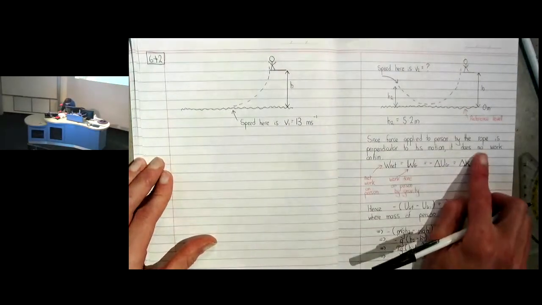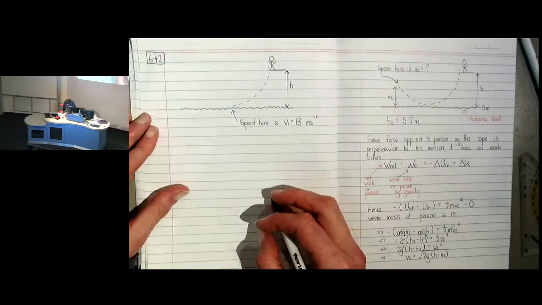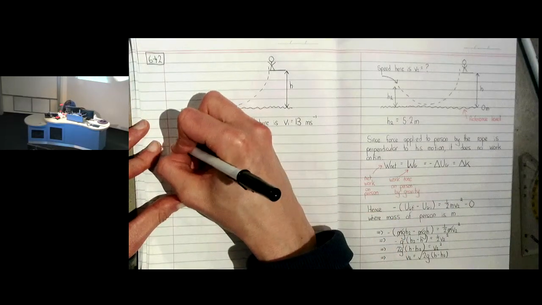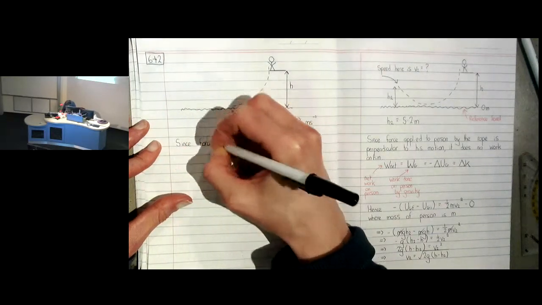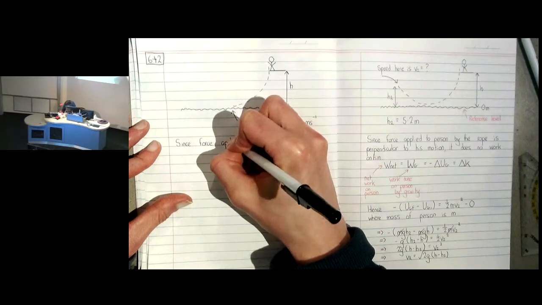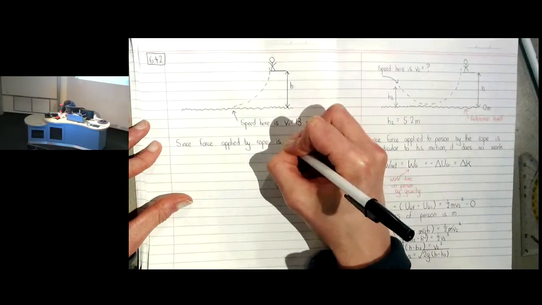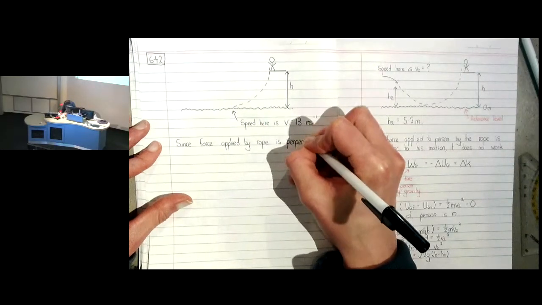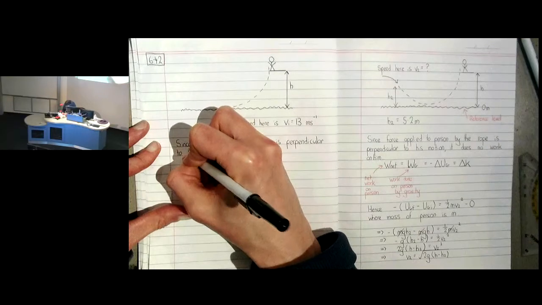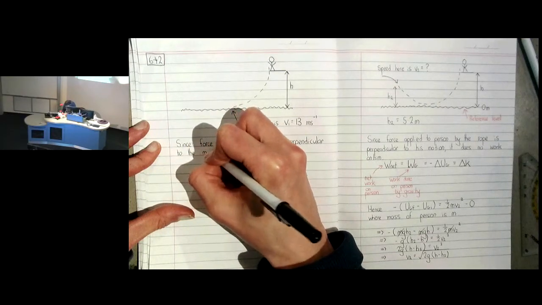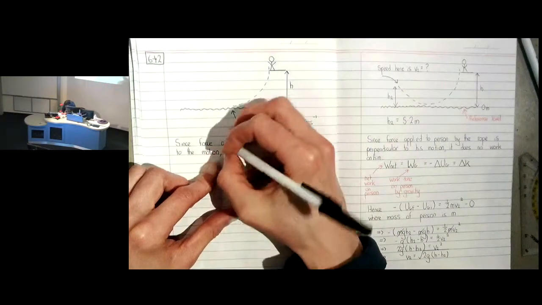Well, again, because the force applied by the rope is perpendicular to motion, there's no work. I guess we better write it out again. Since the force by the rope is perpendicular to motion, it does no work on him.